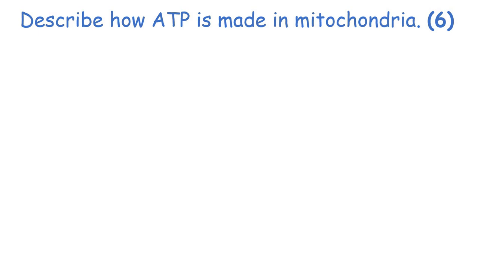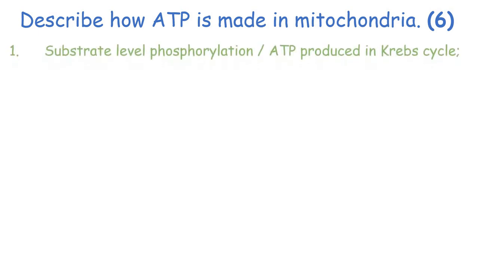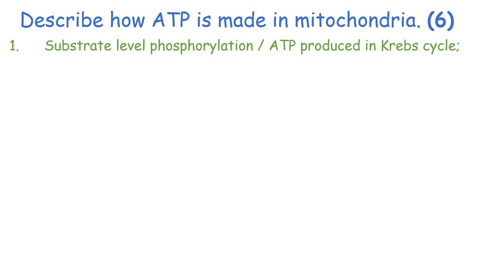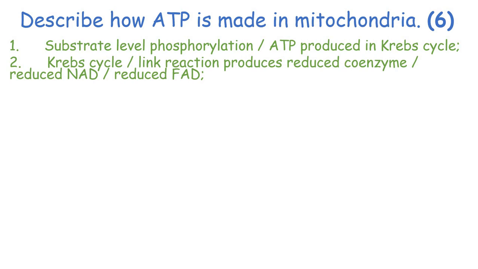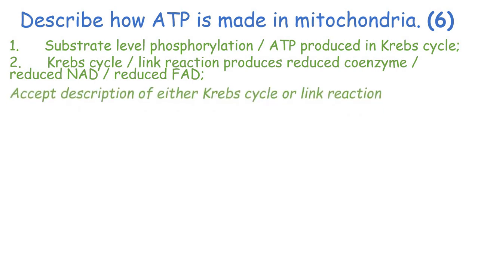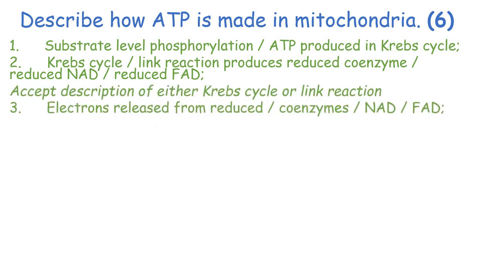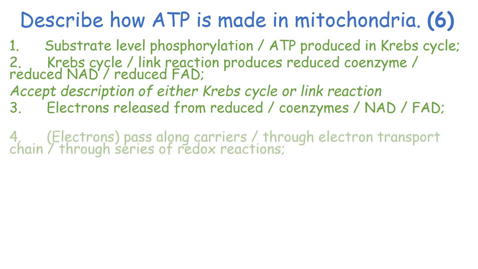Describe how ATP is made in the mitochondria. Substrate level phosphorylation. ATP is produced in the Krebs cycle. The Krebs cycle or link reaction produces reduced coenzymes like reduced NAD and reduced FAD. Electrons are released from the reduced coenzymes.